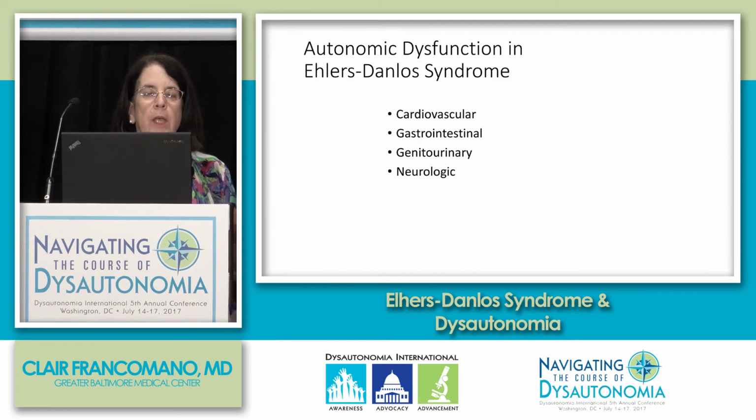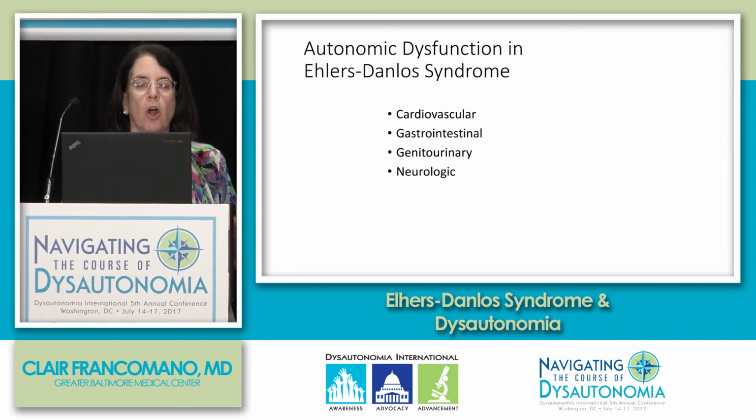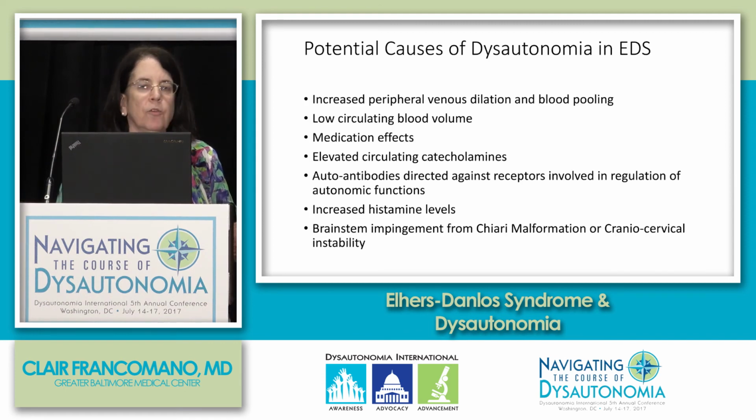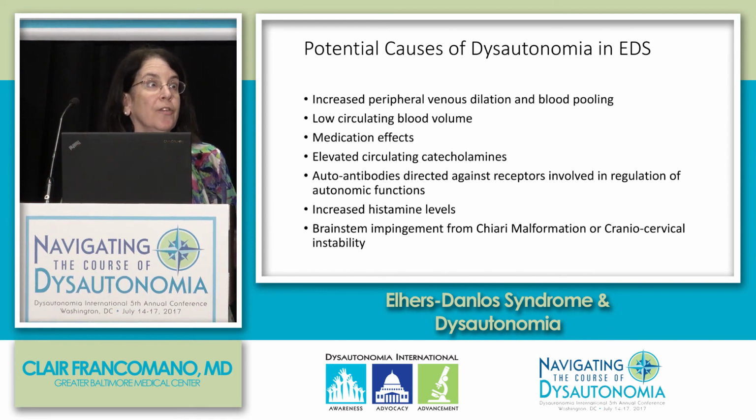So we see autonomic dysfunction in many different types of Ehlers-Danlos syndrome. We see cardiovascular manifestations of autonomic dysfunction, gastrointestinal, genitourinary, and neurologic features. And there is a long list of potential causes of dysautonomia in EDS, just like there's a long list of potential causes of dysautonomia in people who do not have EDS.